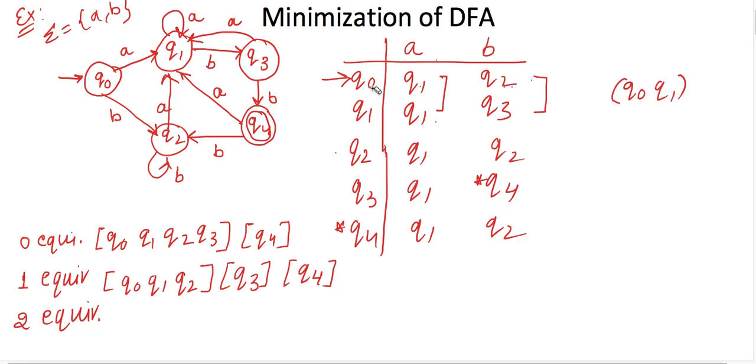Now check q0 on b moving to q2. q2 is in the same group, no worries. q1 on b is moving to q3. Now watch it. So what's happening here? q3 is in a separate group, it is not in the same group. That is why q0 and q1 are not equivalent.